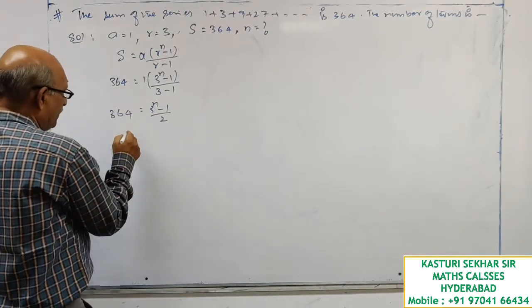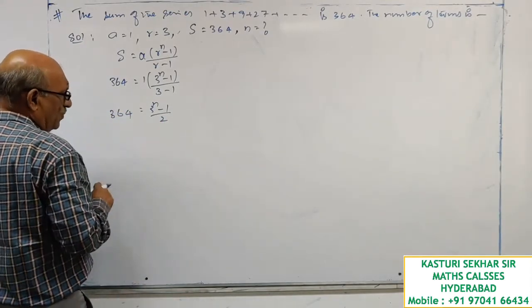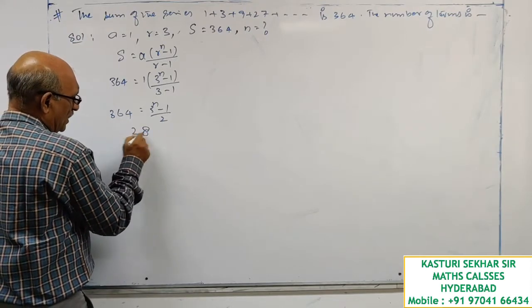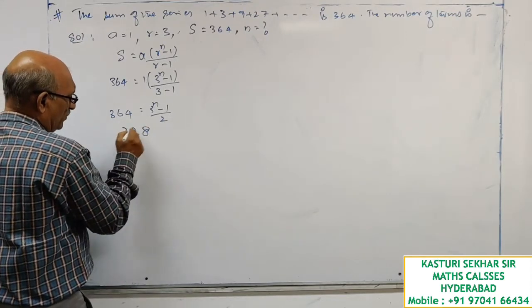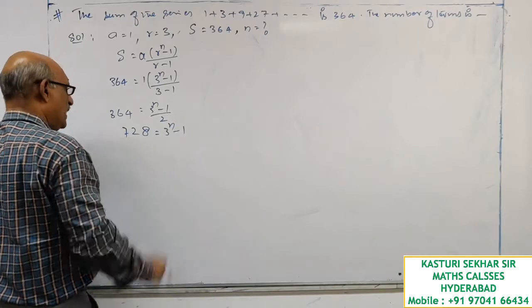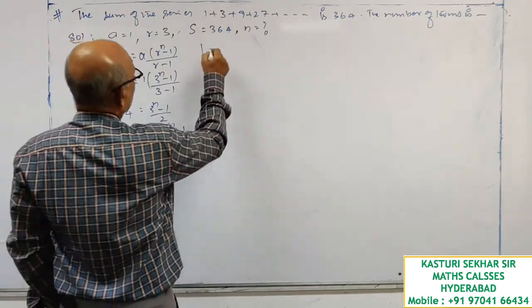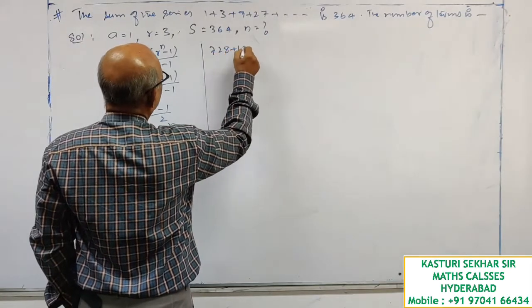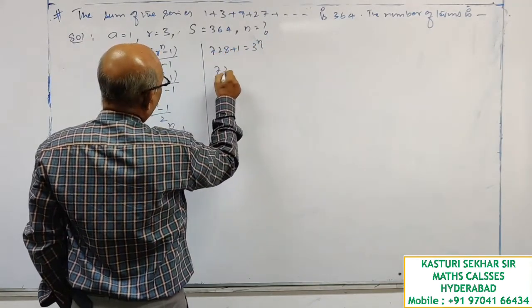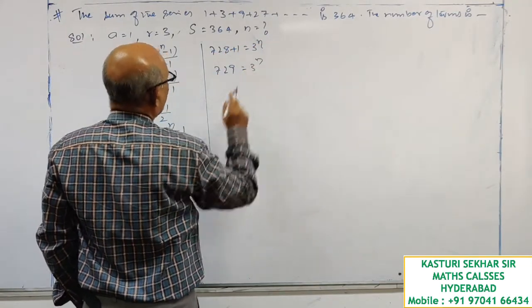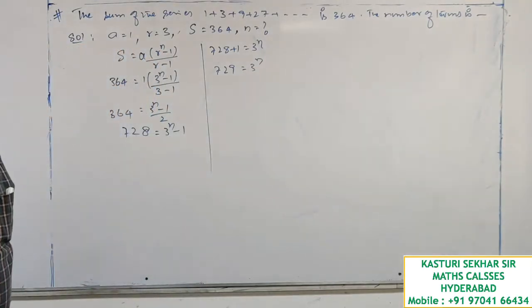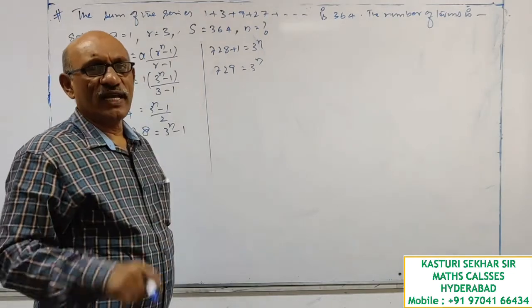When I cross multiply, 364 into 2, 6 2s are 12, 3 2s are 6, 728. 3 power n minus 1. Take minus 1 also to the left hand side. 729 is equal to 3 power n. Can we write 729 as some power of 3?